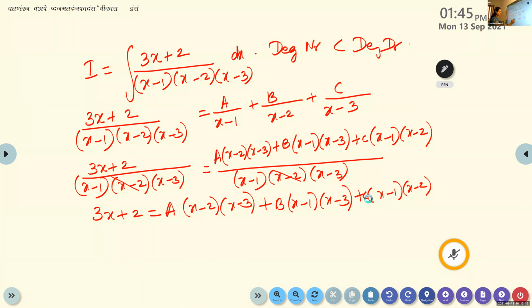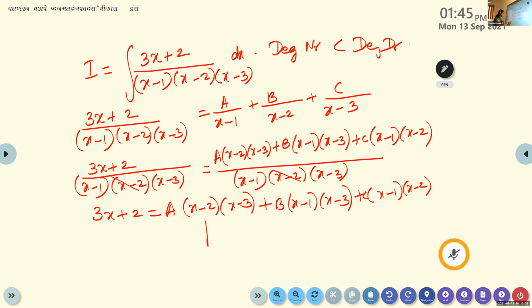Look at the terms B and C: B into (x minus 1)(x minus 3), C into (x minus 1)(x minus 2). Which factor is common there in B and C? x minus 1.